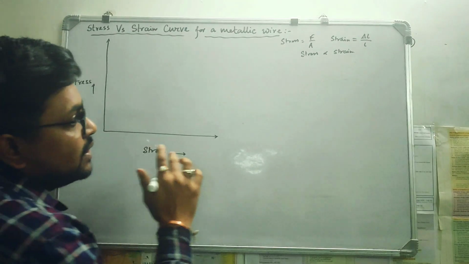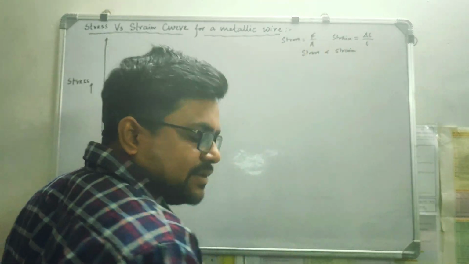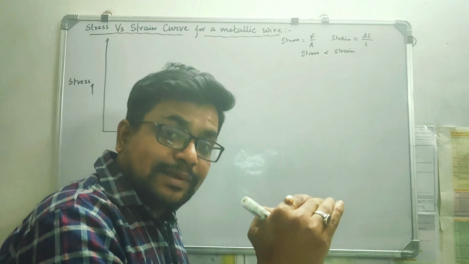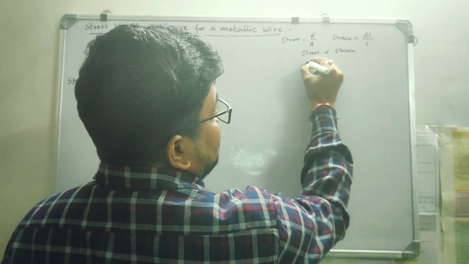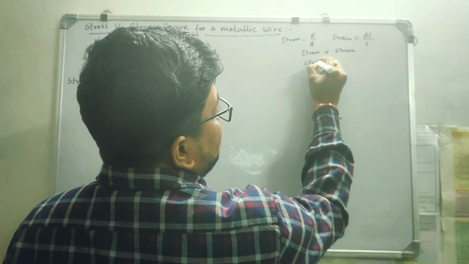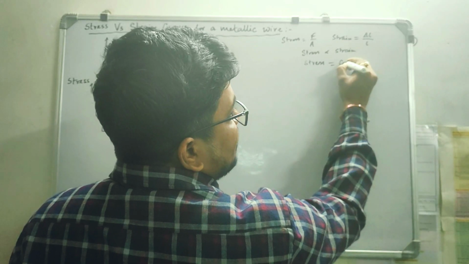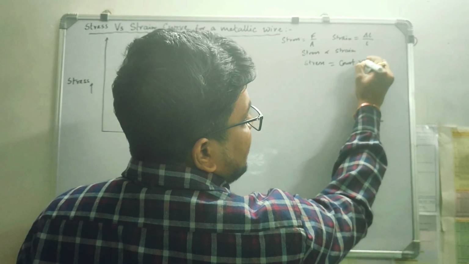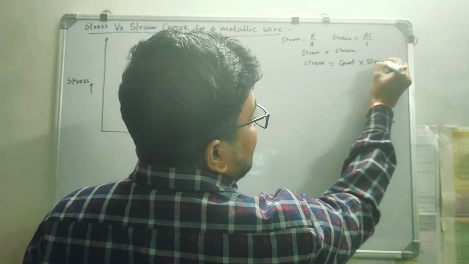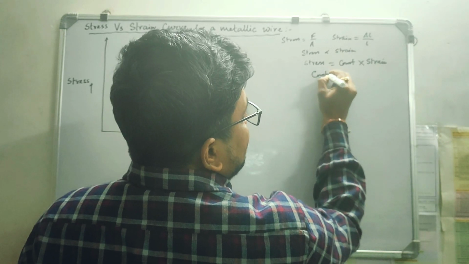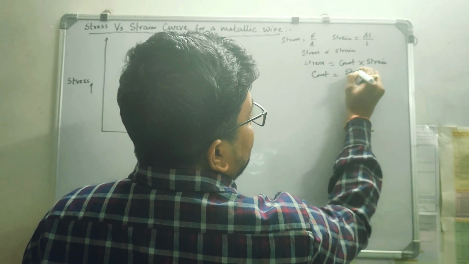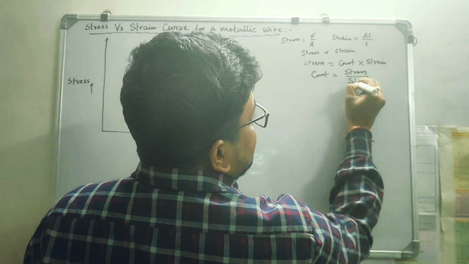First of all, stress is proportional to strain up to a certain limit. If we remove the proportional sign, one constant will come: stress equals a constant times strain, and that constant is nothing but stress upon strain.